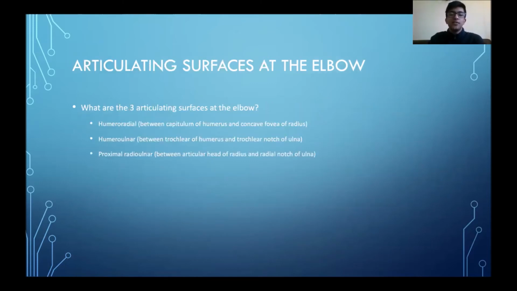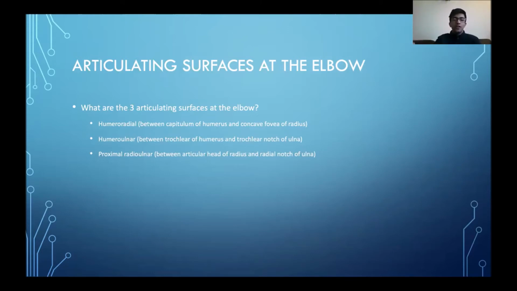Okay, so at the surface of the elbow, you have articulating surfaces, and it's kind of like the ligaments we just talked about, in that the names are quite easy to remember. You have humeroradial, humeroulnar, and proximal radioulnar. So proximal, close by, radioulnar.